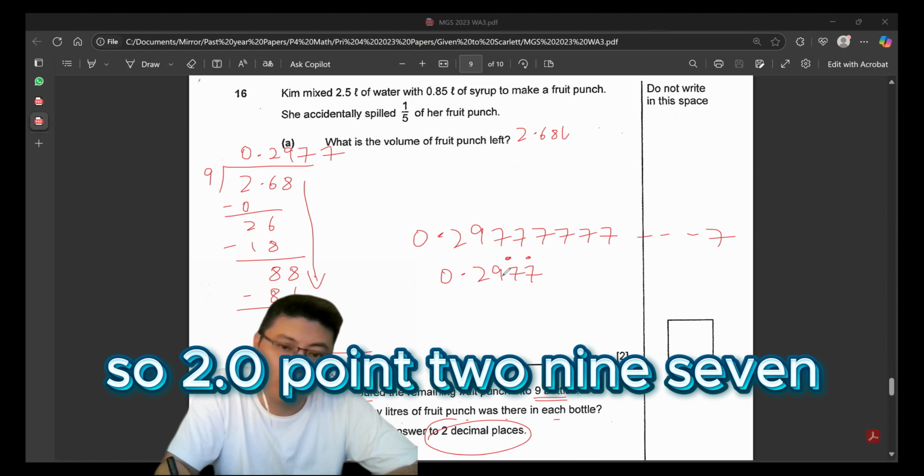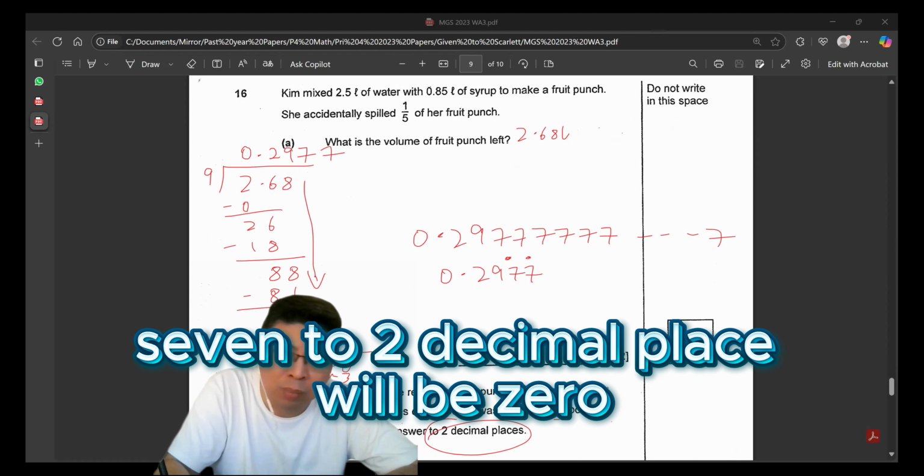So 0.2977 to 2 decimal place would be 0.30. Because you look at 7, you round up, the 9 becomes 0. Then this would be 0.30 liters. That's the answer for 16.